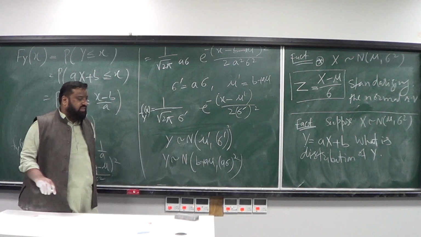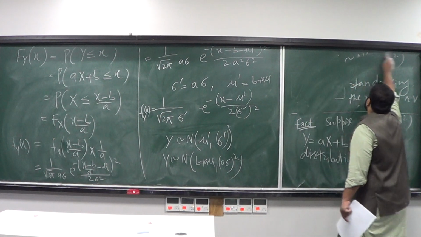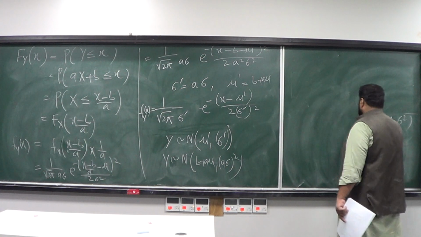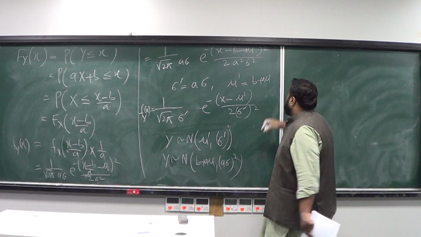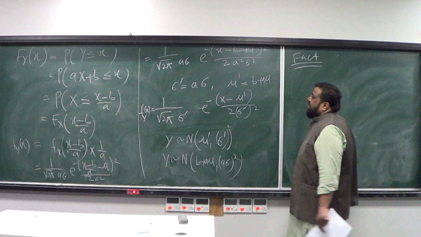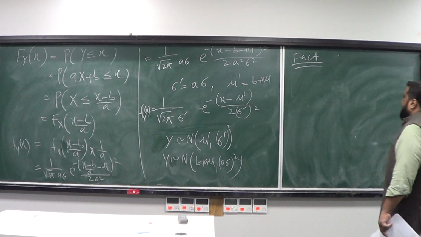So let me summarize what I have done. This is another fact that I would like to write, and I want you to keep it in your head actually. You can keep it as a theorem or whatever.